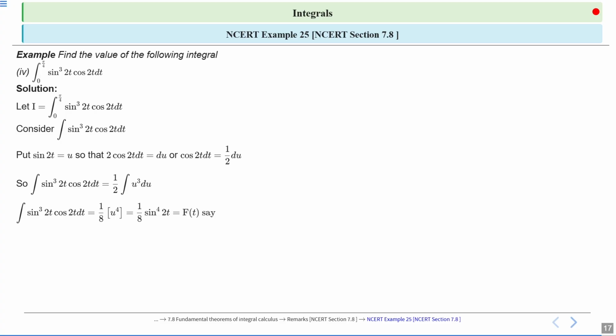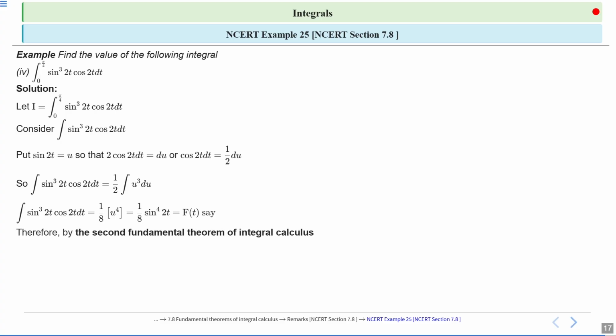When we apply the standard formula of integration of u^n, that is u to the power n plus 1 by n plus 1, it becomes 1 by 2 into u to the power 4 by 4, so it becomes 1 by 8 into u to the power 4. In place of u substitute back sine 2t, and we get the integral value 1 by 8 sine to the power 4 of 2t, and that is your antiderivative, capital Ft.